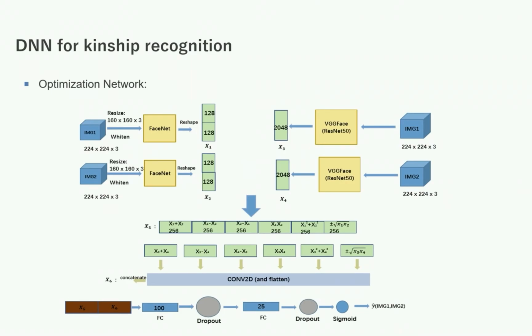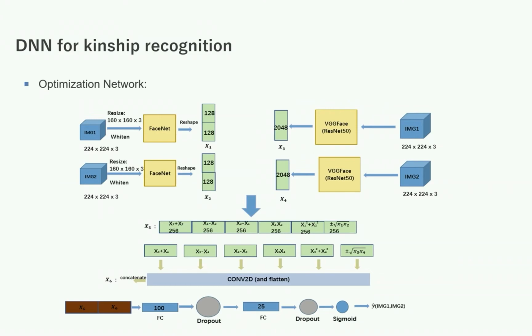Inspired by extracting face features from the VGG-Face API, we came up with using the FaceNet API in Keras. Additionally, for feature embedding, we have to resize the input images to 160 multiplied by 160 multiplied by 3 before applying them to FaceNet.